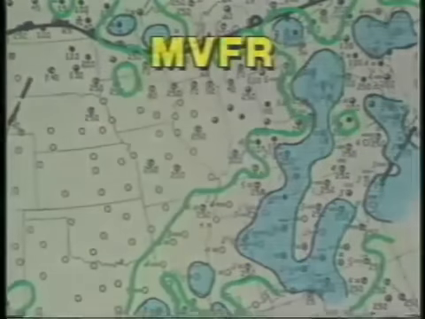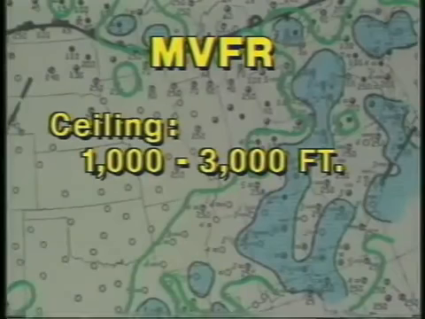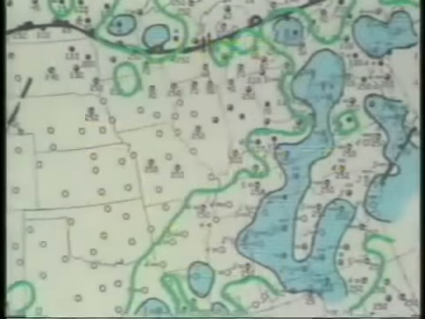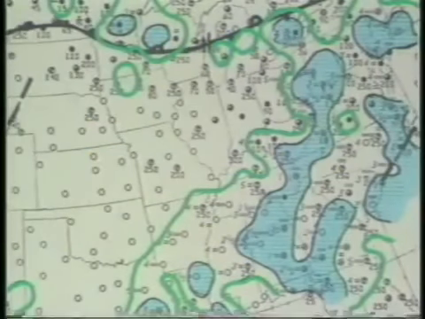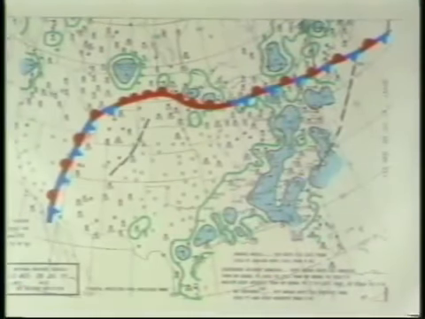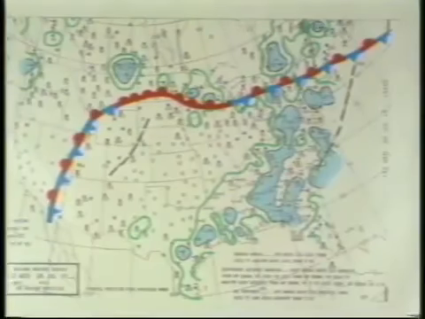Areas of marginal VFR weather with ceilings between 1,000 and 3,000 feet and/or visibilities between 3 and 5 miles are shown in solid lines with no shading. Finally, weather depiction charts also give the position of fronts. This frontal information, when added to the areas of IFR and marginal VFR weather, will give you a very good picture of the general weather affecting your route.